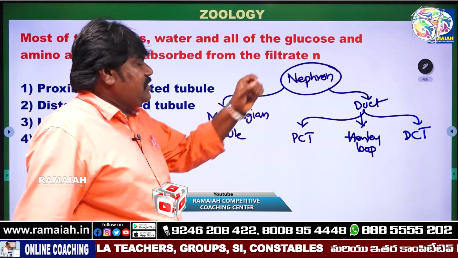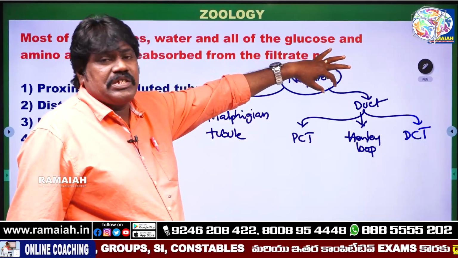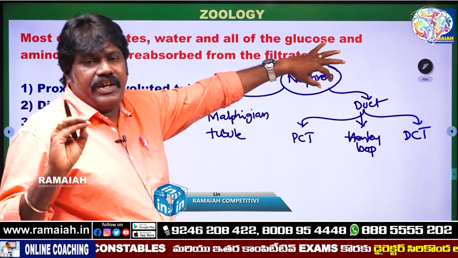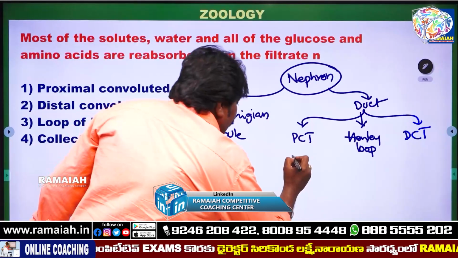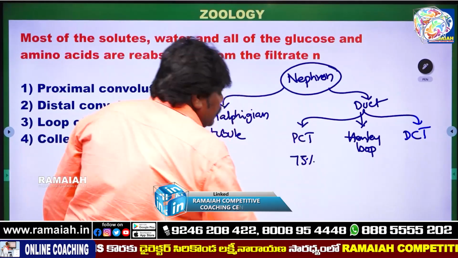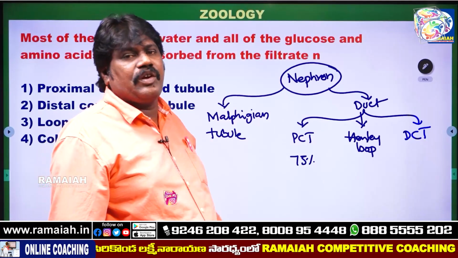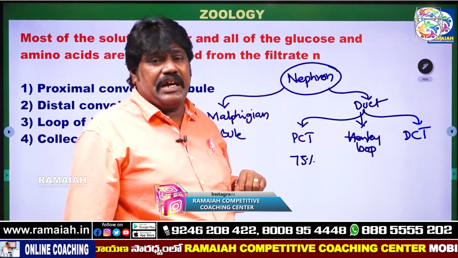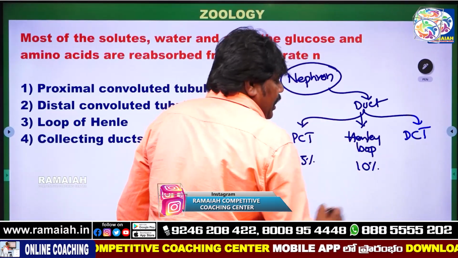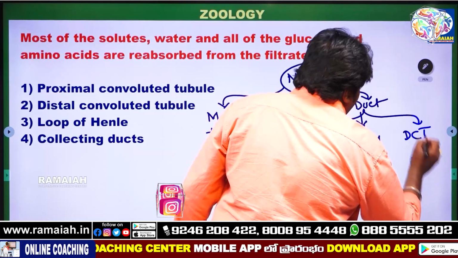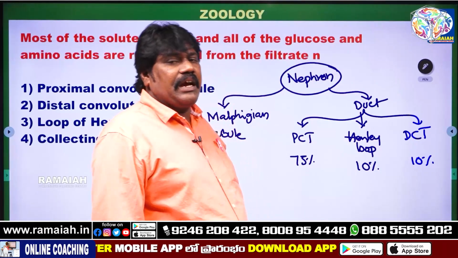In this duct part of the nephron, most of the filtration fluids are reabsorbed. 75% of all the filtrate is reabsorbed into blood from the proximal convoluted tubule, then 10% from the loop of Henle, and then 10% from the distal convoluted tubule.